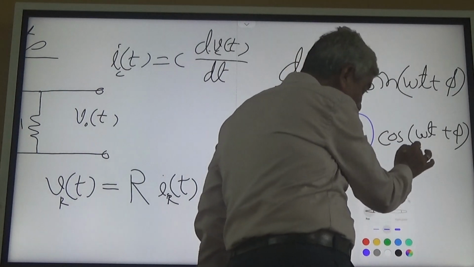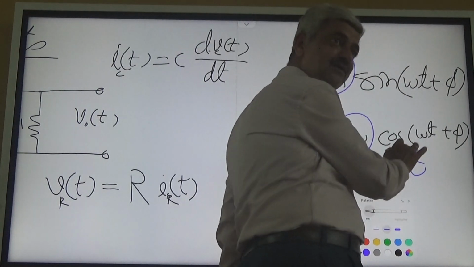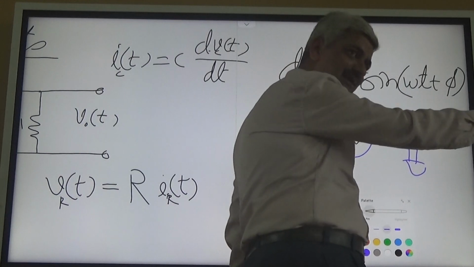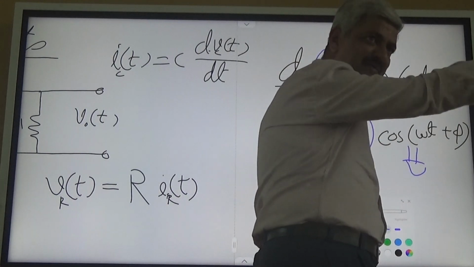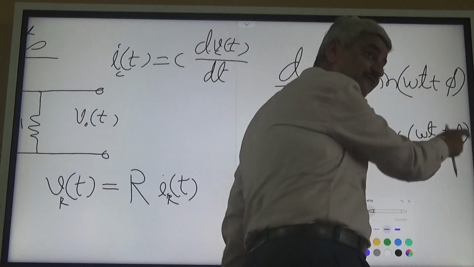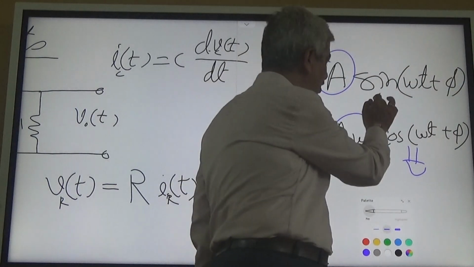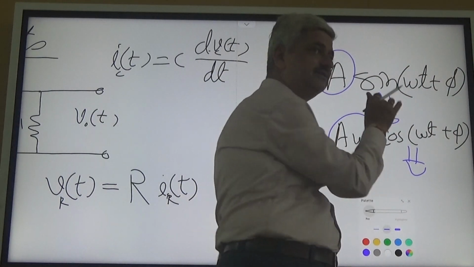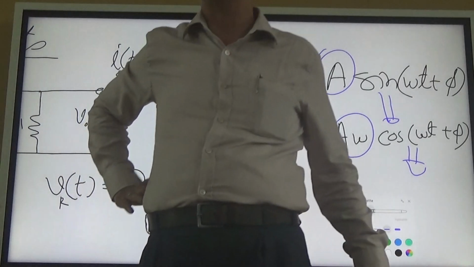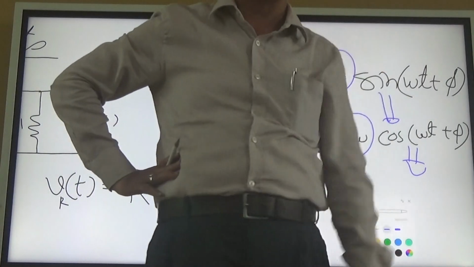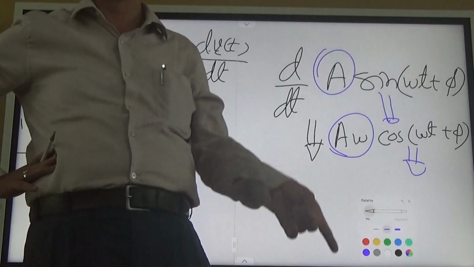This cos can also be written as sine of omega t plus something. It is plus or minus pi by 2, as you can interrelate. So different phase, right? So for sine and cos, you can look at the phase. Is it right? The differential of a sinusoid is a sinusoid of the same frequency, of different amplitude, different phase.